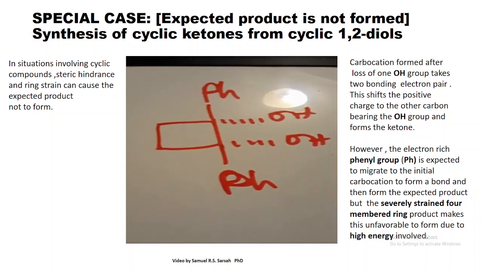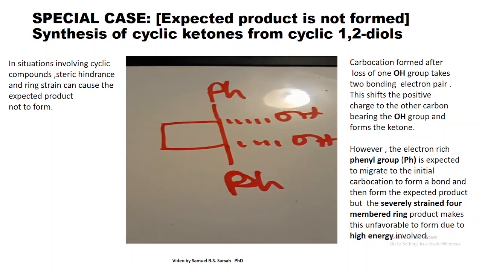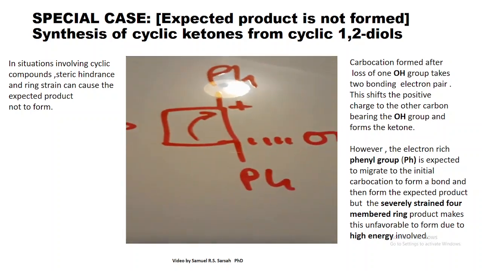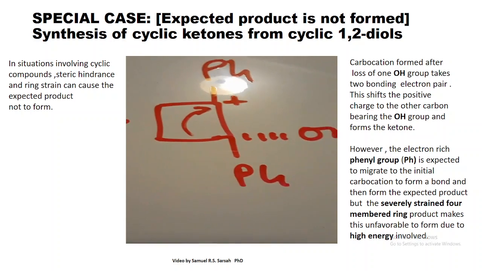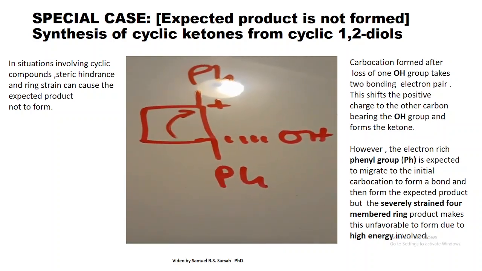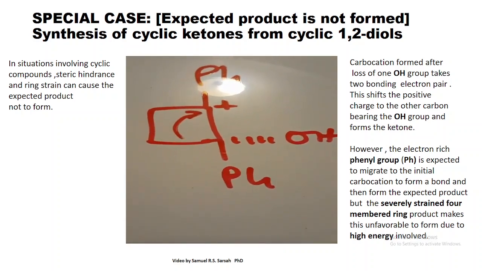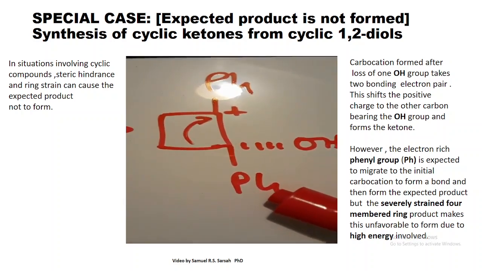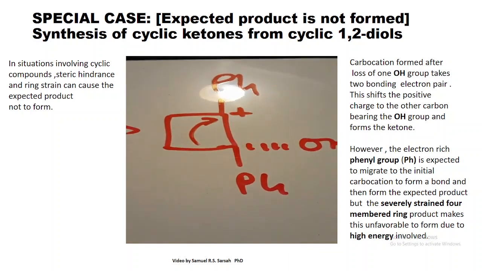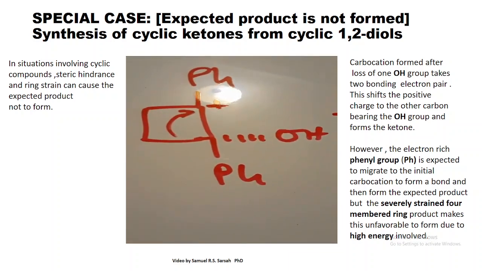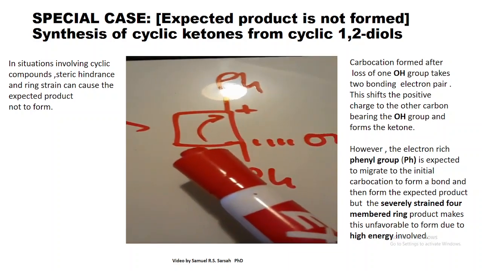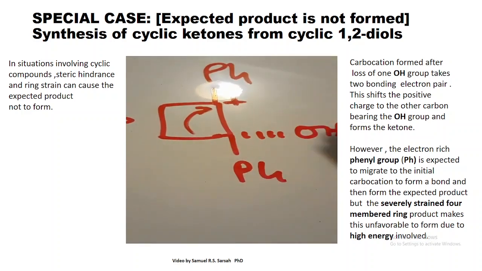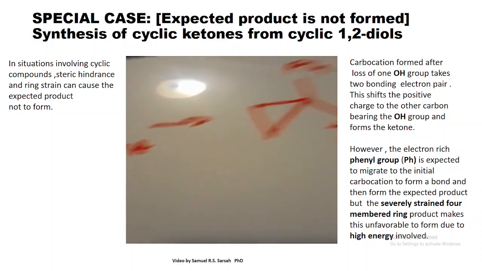This 4-membered ring diol is being protonated, loss of water to form this cation. Fortunately, we expected this group to migrate to neutralize the positive charge, but instead the bond right here breaks and then converts this into this.